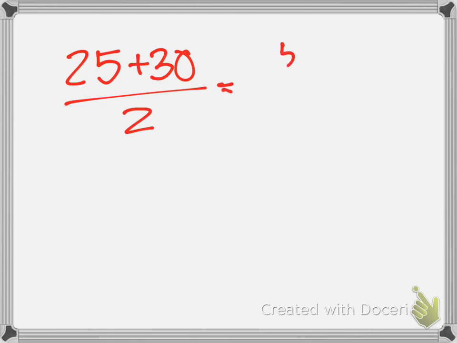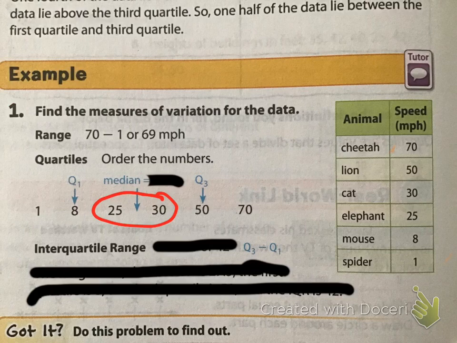That's going to be 55 divided by 2. 2 can go into 55 a total of 27 times, with 1/2 left over. So if we wrote that as a decimal, we'd find our median is 27.5.